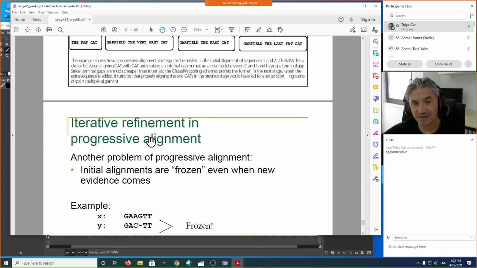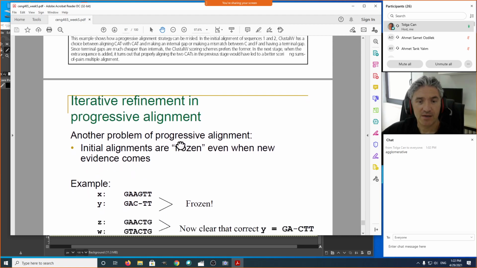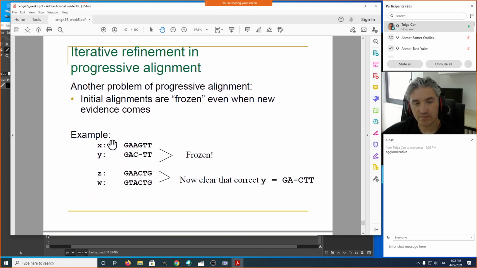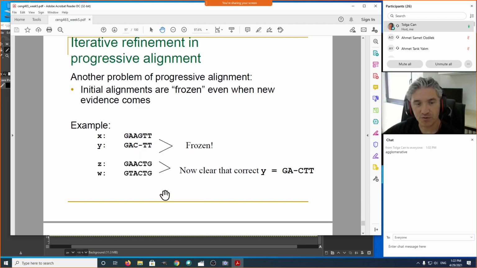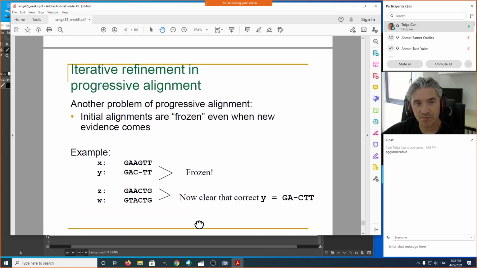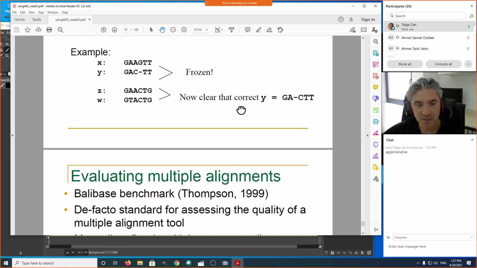So this is called iterative refinement. So that's the progressive strategy. When we make changes, they are fixed, frozen, and we will not be able to change that later. But the idea of iterative refinement is to make these small changes to make the alignment better.